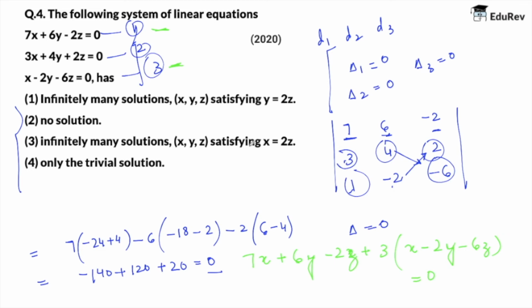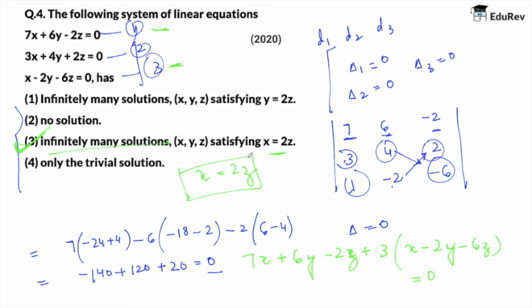That gives x equals 2z. So x is equal to 2z, that is option number 3. Infinitely many solutions are possible, that is x equals 2z. Let's move on to the next question now.